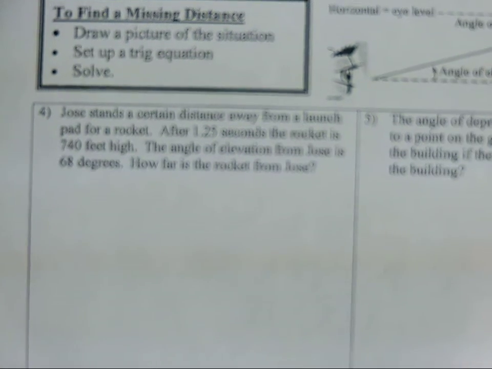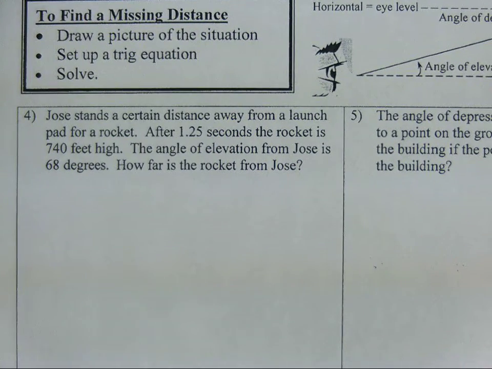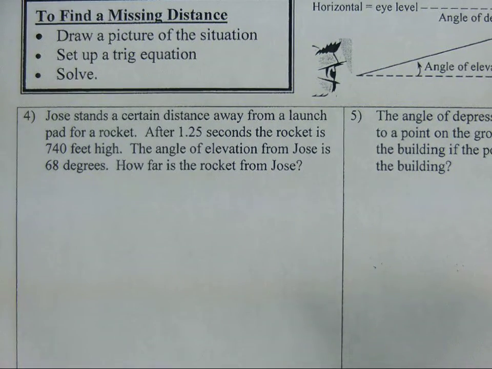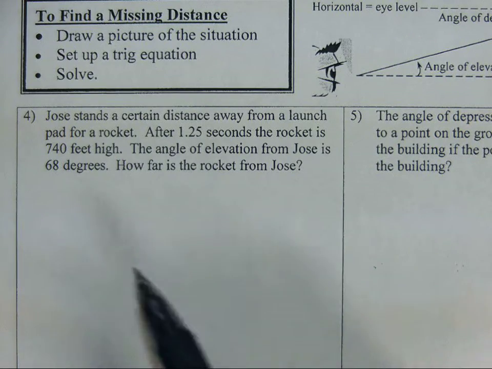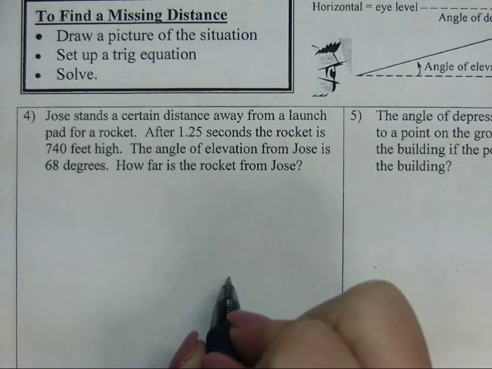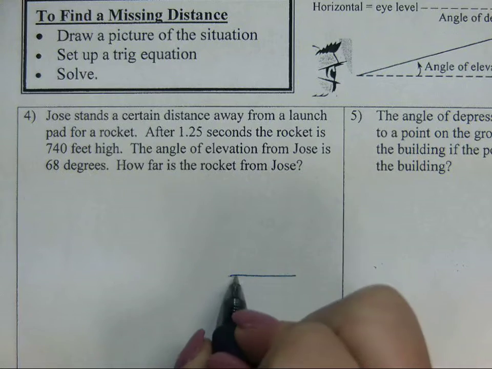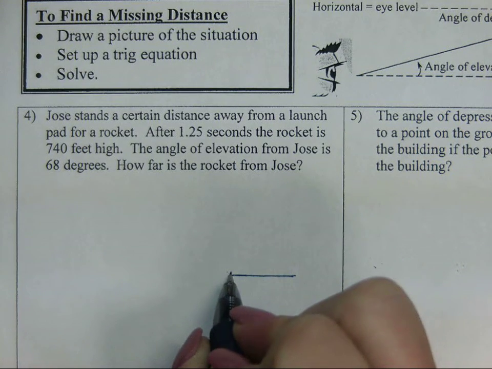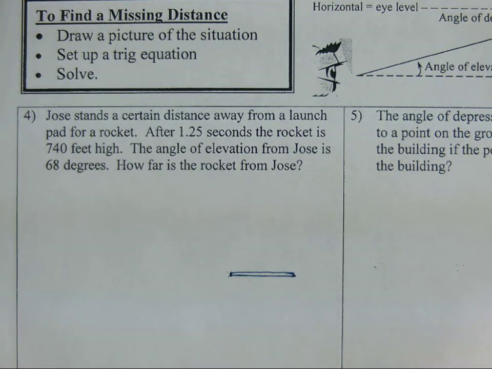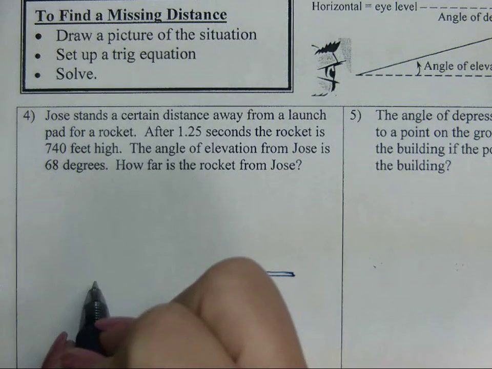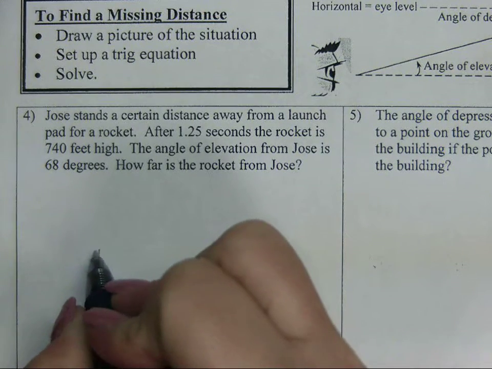All right, it's talking about Jose. And so you have Jose stands a certain distance from a pad for a rocket. All right, so let's just draw that. Let's call this our little launch pad. And let's give ourselves Jose.